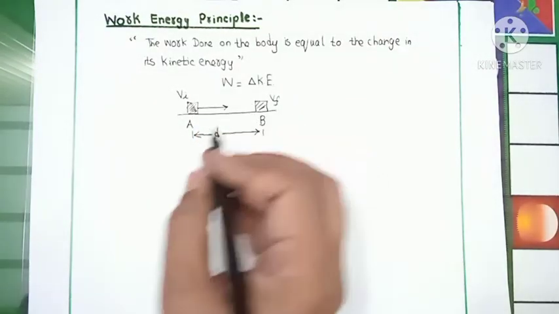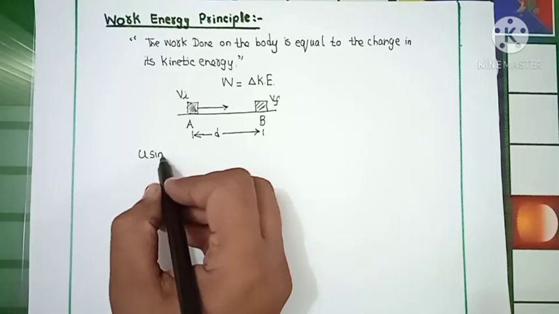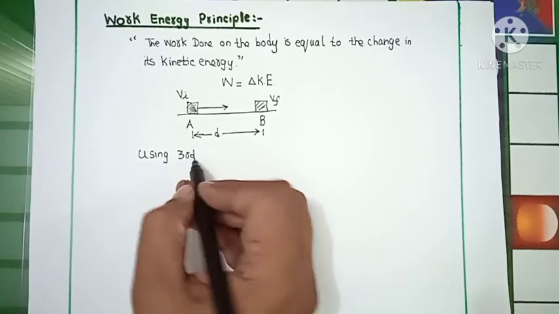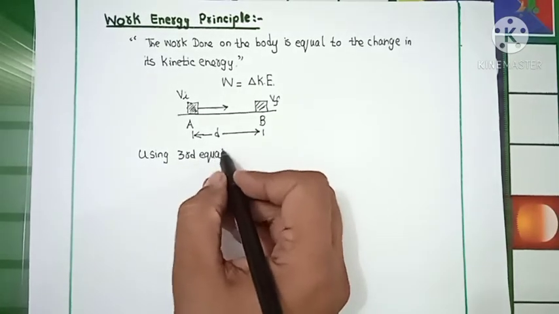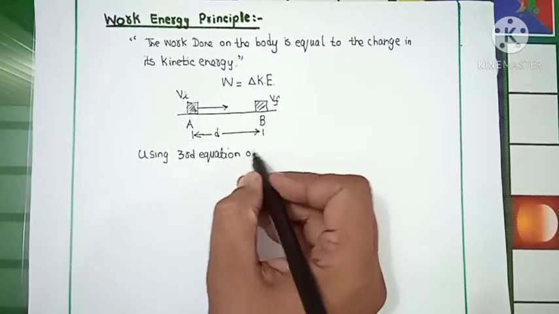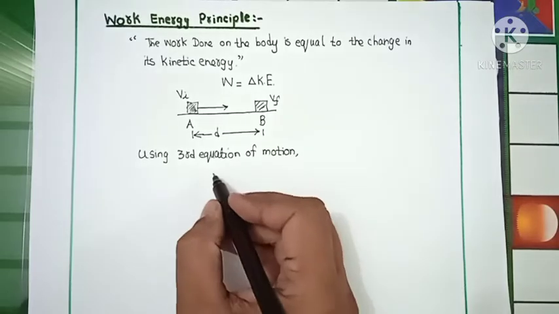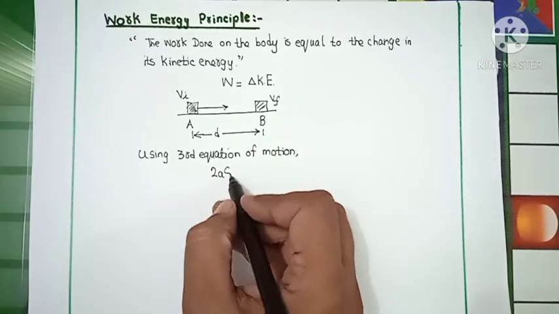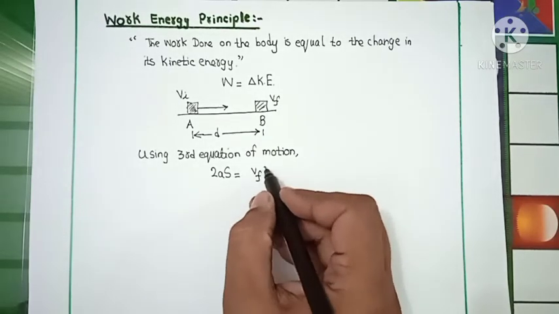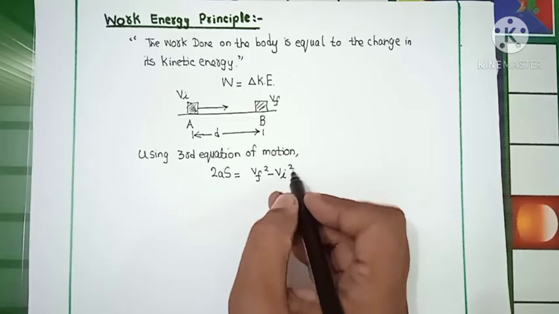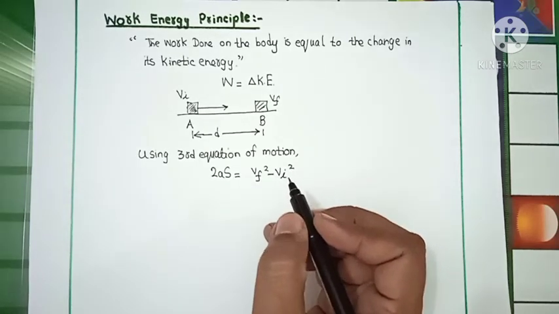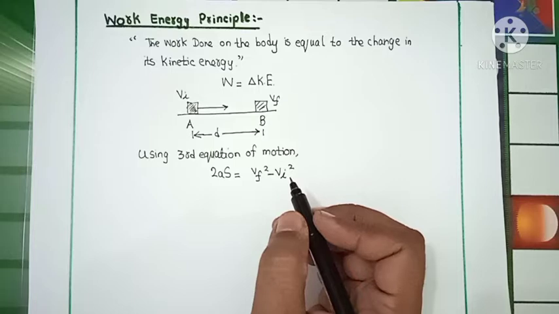Now using the third equation of motion, 2as is equal to Vf square minus Vi square. Dear students, this is the third equation of motion.